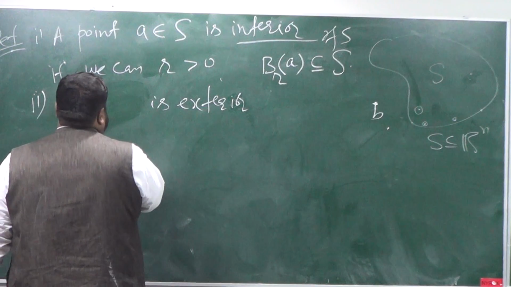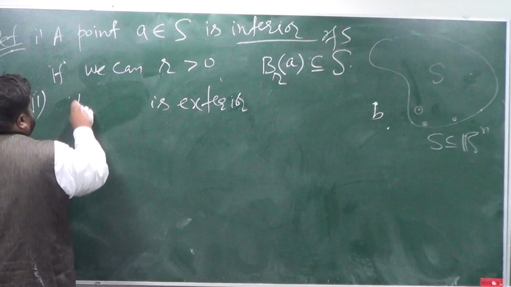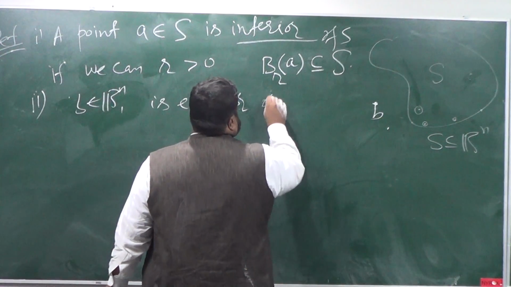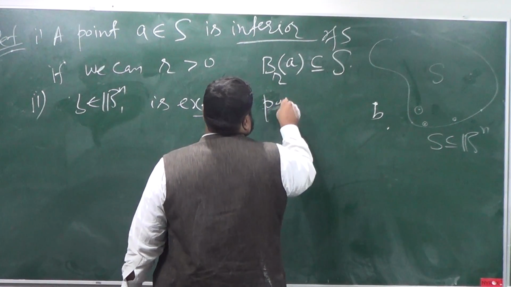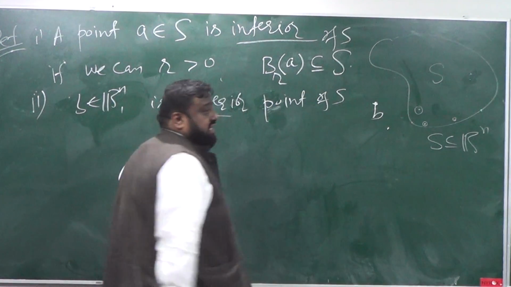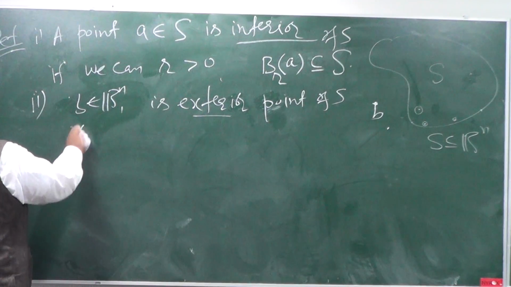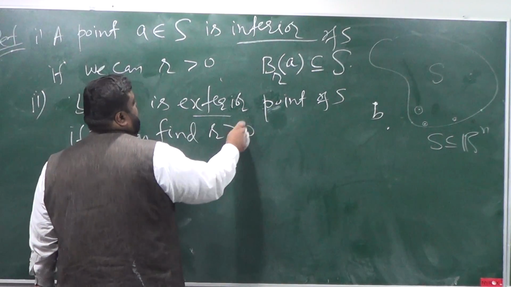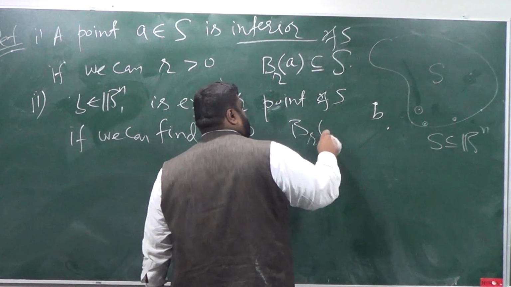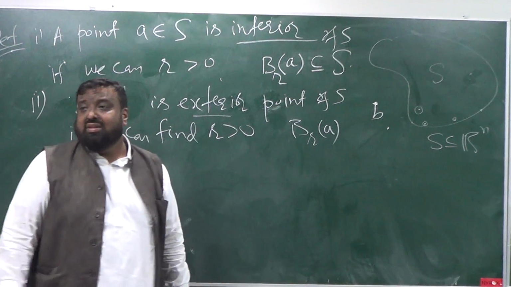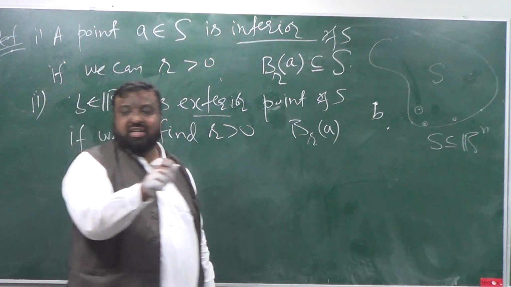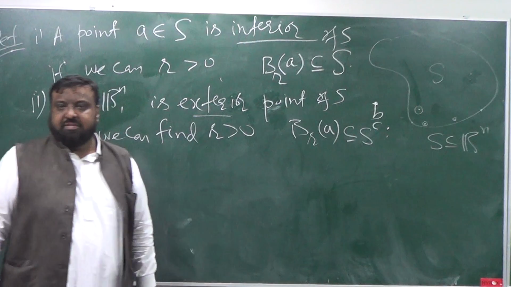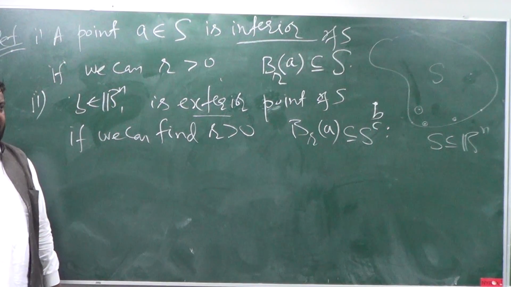B belongs to S complement, but B in Rn is an exterior point of S, is an outside point of S, if we can find a positive radius such that you take a small chunk around that, by ball you mean a small portion around the point, and that portion is entirely sitting outside in S complement. Okay? Is it making sense?